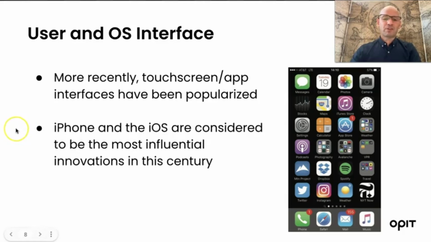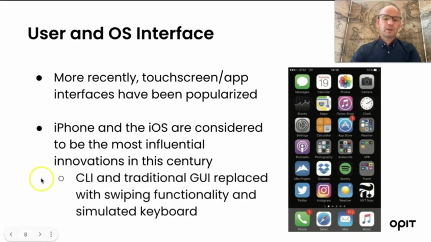So iPhone and iOS are considered to be the most influential innovations in this century. Almost 25 years in, I don't think too many people would argue that this has probably been the biggest change in the way that people access and use technology. So the command line interface and the traditional GUI have been replaced by the swiping functionality and the simulated keyboard.